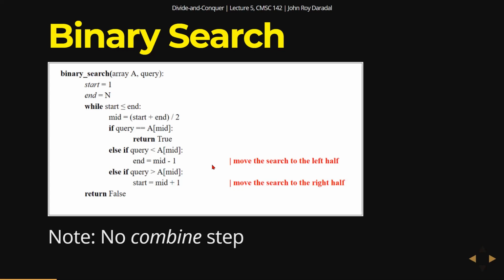And then we'll narrow it down to the correct half. So that's also divide and conquer, because you're reducing this problem into half of the problem. So you're either searching in the left half or the right half na lang. And there's also no combine step in this one. Okay, so yeah, those are the three divide and conquer algorithms that we've already encountered in this course.